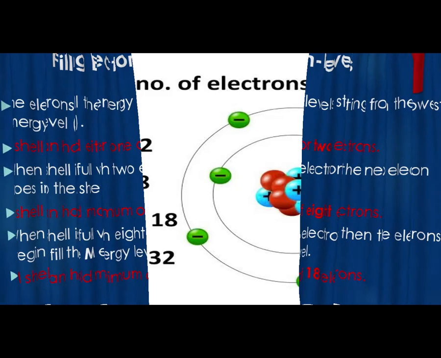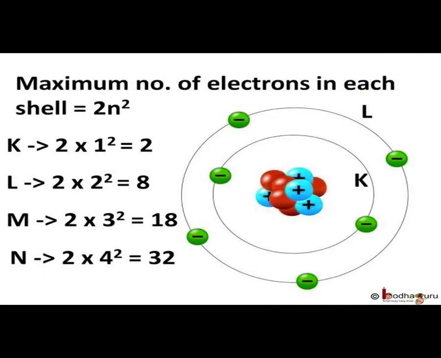So here you can see how we find out how many electrons a shell contains by using this formula, and that formula is 2n squared. In this picture, for the K shell, put the formula over here.